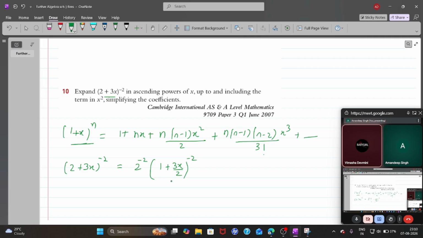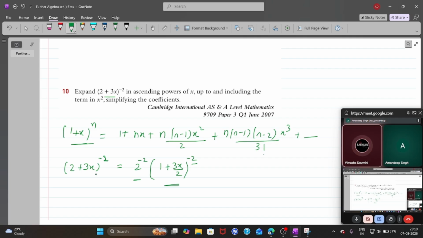Yeah, but why are we taking the power minus 2 again? In the second bracket or in the first bracket? In the first one. The second one, it will remain the same, no? The power will remain the same in the second expansion, right?